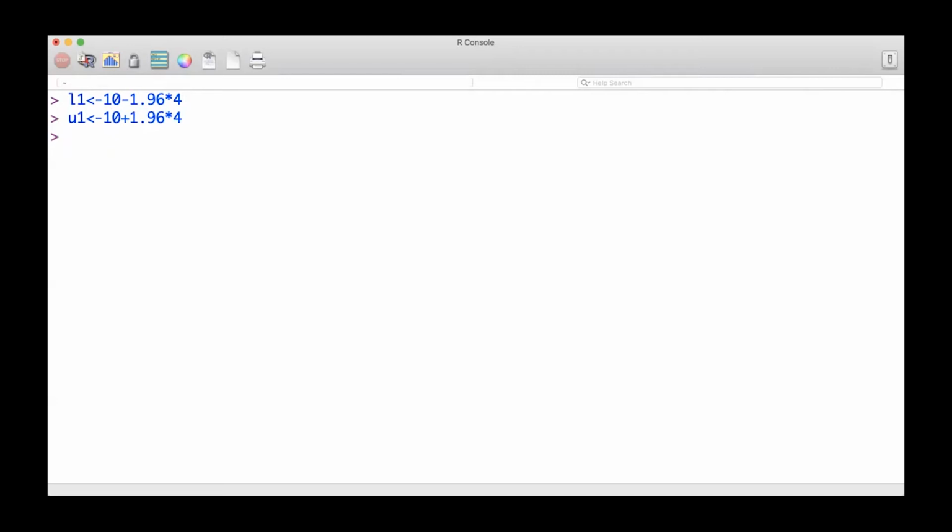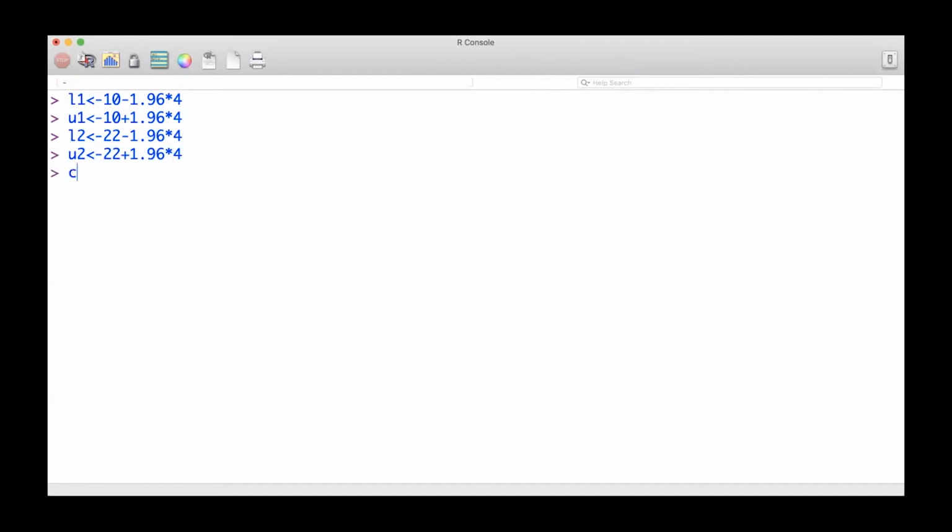We said group 2 had a mean of 22. So the lower limit for group 2 is 22 minus 1.96 times 4, whereas the upper limit for group 2 is 22 plus 1.96 times 4.